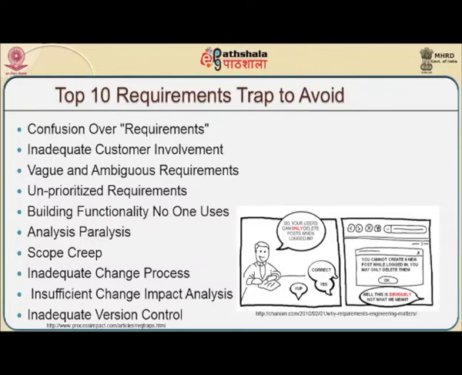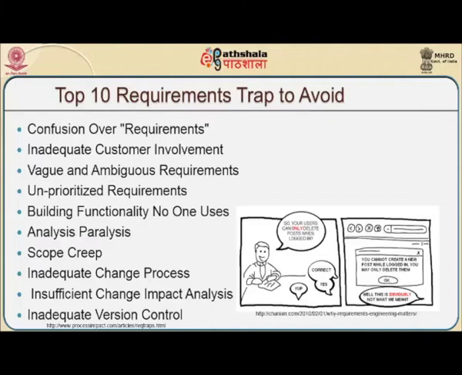Or there can be inadequate customer involvement, vague and ambiguous requirements, unprioritized requirements. As we have mentioned in the agile process during the product backlog, we could highlight high, medium and low prioritized product developments. Likewise, all the requirements are to be prioritized.